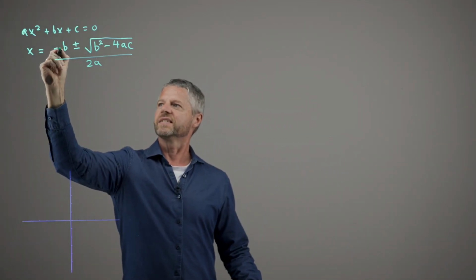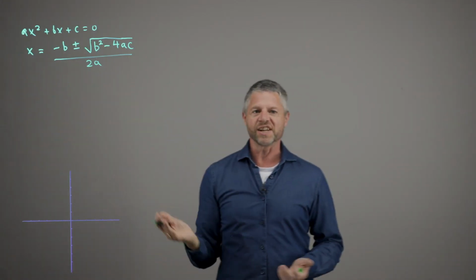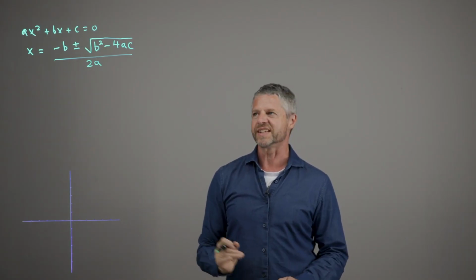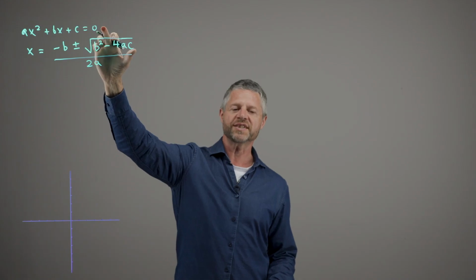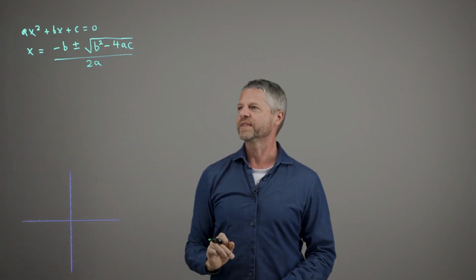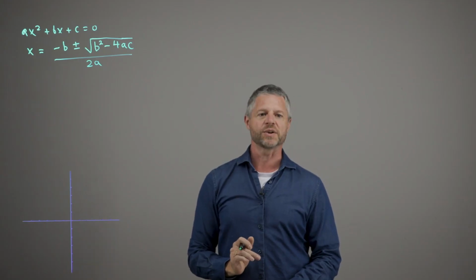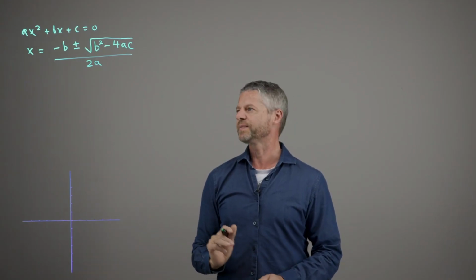So it's kind of an ugly formula, but it's an effective one, and it works to solve this quadratic equation. So let's run through a few examples to see how to use it in practice.